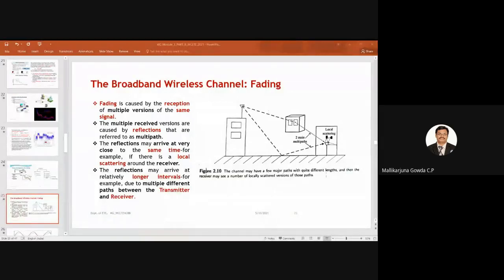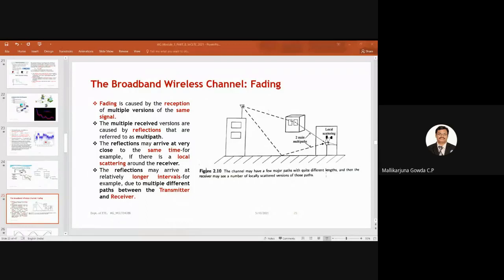When we say it is fading, it is because I receive multiple versions of the same signal, due to the reflections as well as multiple paths. That I call fading. So fading means there will be variations in the signal strength over a short interval of time. That is why it is called small scale fading.